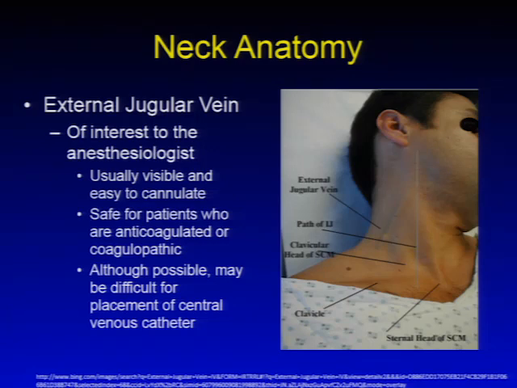As shown in this image, the external jugular vein may be seen running perpendicularly from the angle of the mandible to the mid-clavicle. It is usually visible, and Trendelenburg position and Valsalva may further assist in improving visibility. Cannulation is safe in patients who are anticoagulated or coagulopathic.